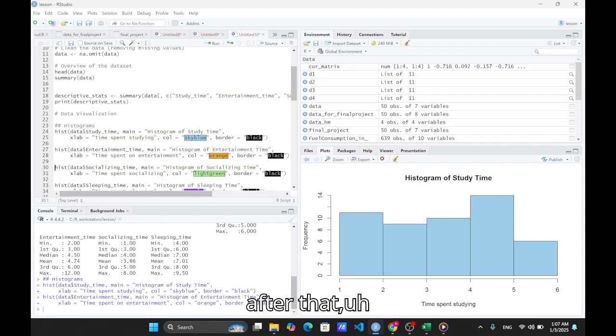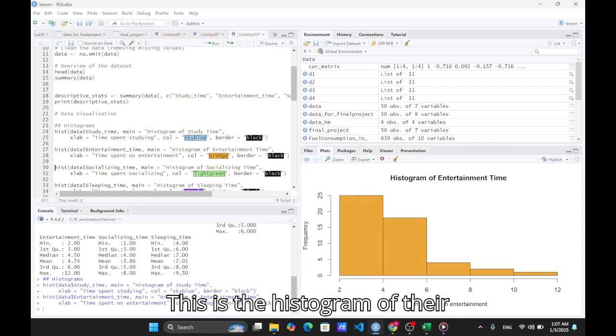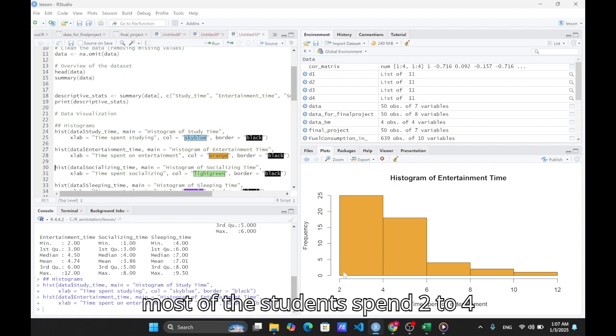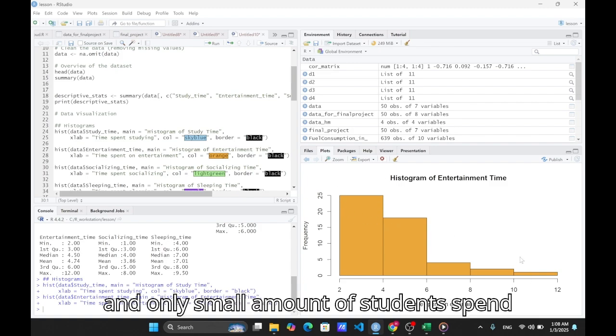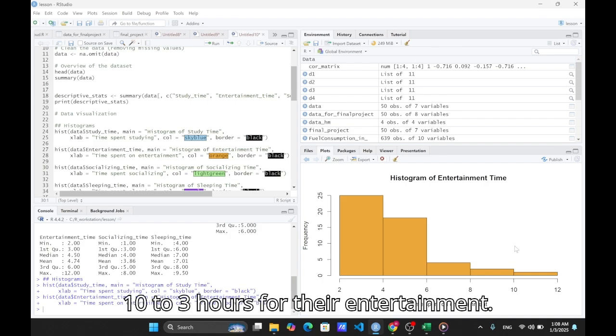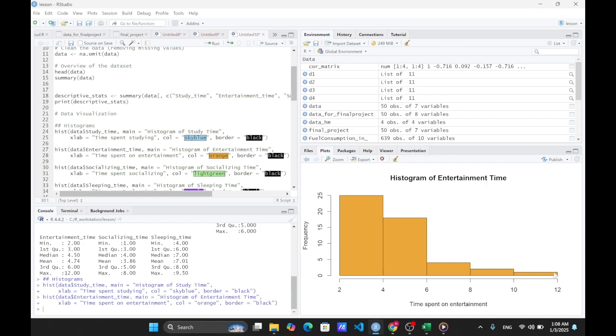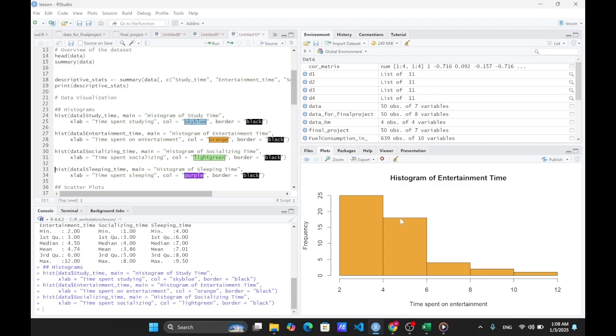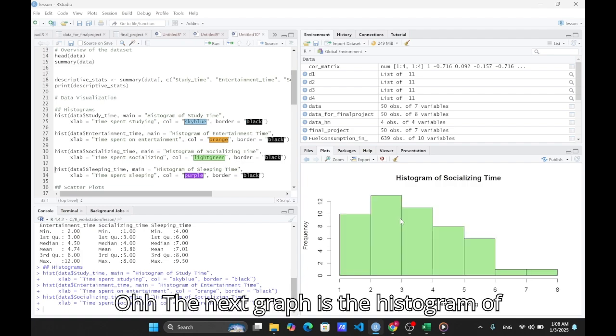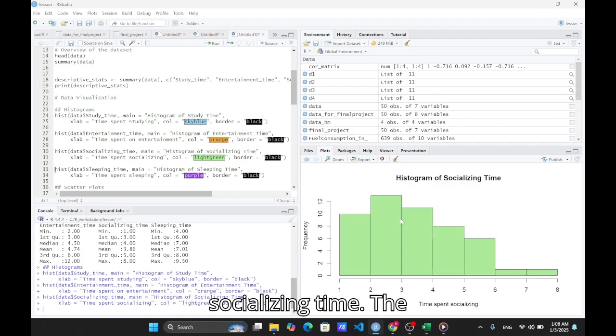Then this is the histogram of the entertainment time. Here, most of the students spend 2 to 4 hours on entertainment, and only a small number of students spend 10 to 12 hours on entertainment. The next graph is the histogram of socializing time.